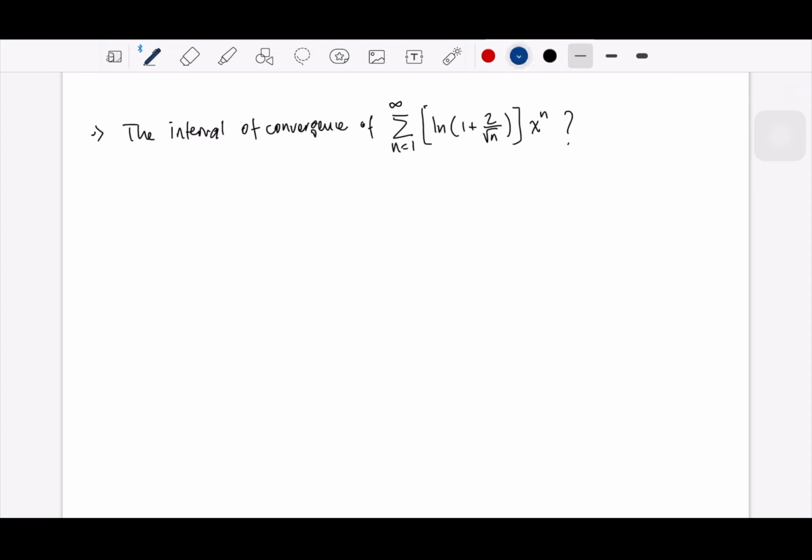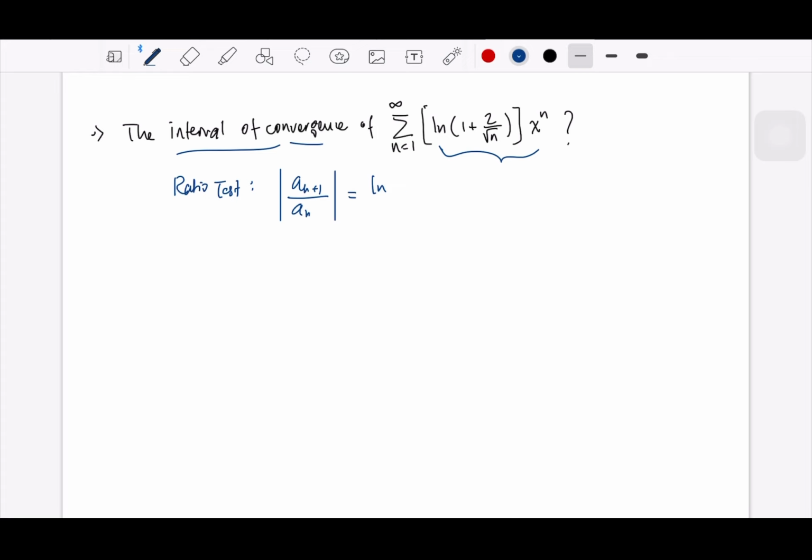Okay, let's start. Every time you have questions in terms of interval of convergence or finding radius of convergence, the first thing you need to do is take the ratio test. Let a_n be this.